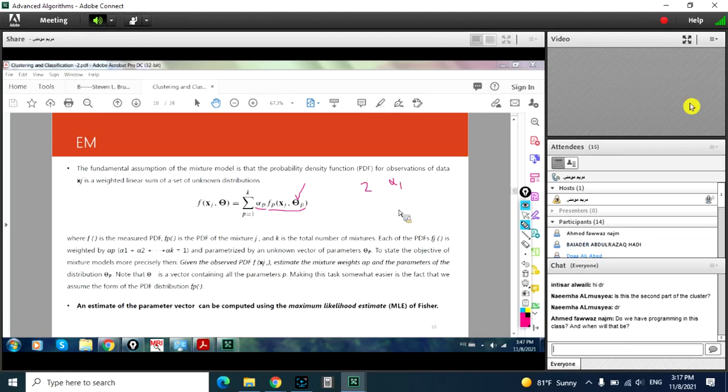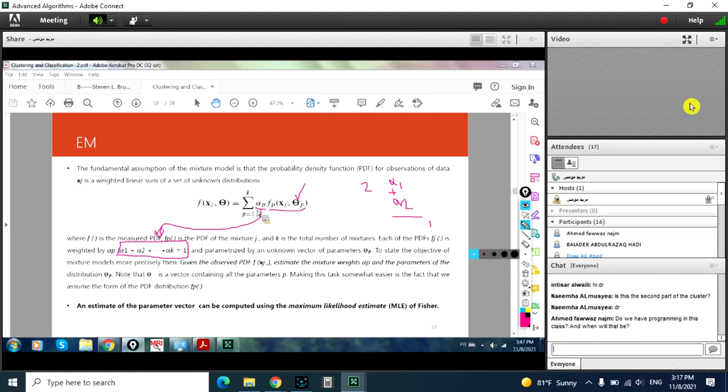Then we have alpha 1 and alpha 2. And we consider that the summation of alpha i is equal to 1. Then totally, if we have all classes, the sum of the weights in this equation is equal to 1. Okay?